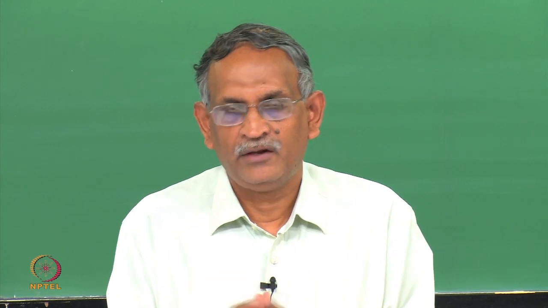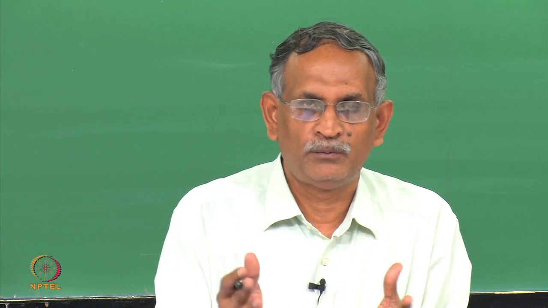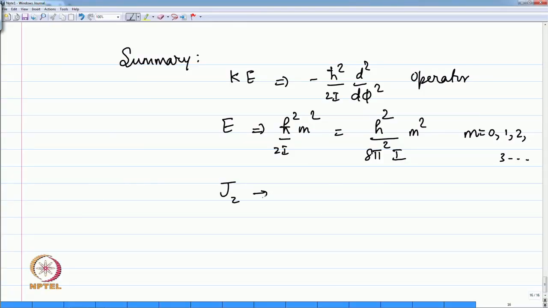It does not violate the uncertainty principle, because if we say that m is 0, we say that its angular momentum is exactly 0. Please remember angular momentum is given by this operator minus i h bar d by d phi, and therefore, the angular momentum and the angular coordinate have the same relation like the linear momentum and the linear coordinate that you have for a particle in a one dimensional box.